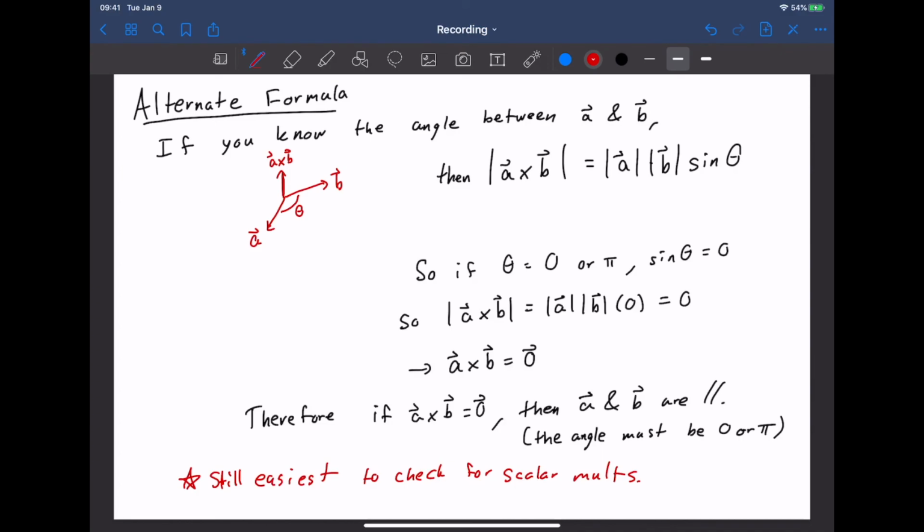If A and B are parallel, like they're both going in the same direction, or they're going in opposite directions, there's too many vectors it could be. I could go up, I could go out, I could go down, right? So it's not easy to talk about the cross product anymore.